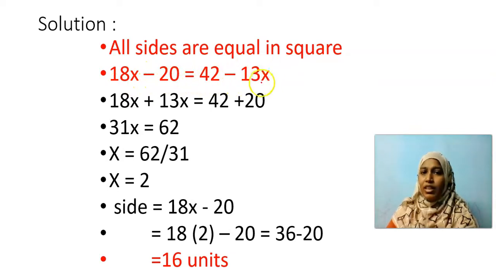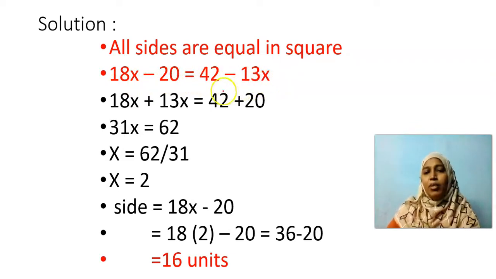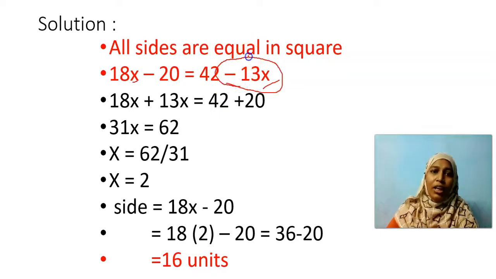So, all sides are equal in a square and we have 18x minus 20 is equal to 42 minus 13x. See here, my dear children, when we have variables on both sides, here also I have x, here also I have x. What should I do now? I will transpose the term which has x completely to this left hand side, and I will transpose this number alone which doesn't have a variable to this side.